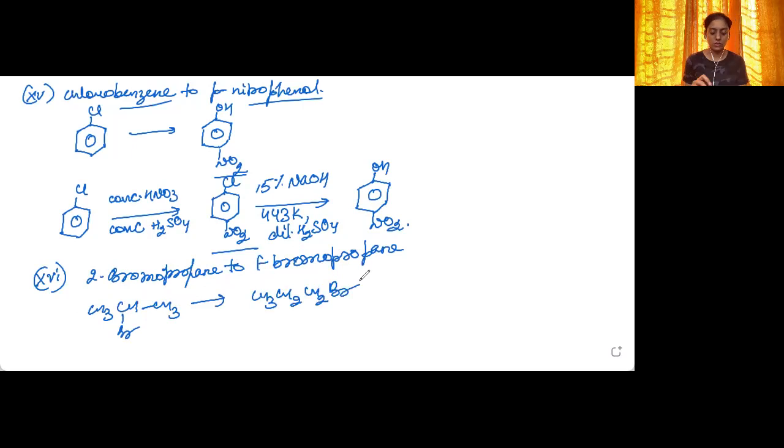We need to do this conversion. So first of all, you will remove this bromine from this position and form the alkene molecule. Afterwards, you will convert it again into the 1-bromopropane. Okay, so I'm just clearing my screen and I will write the solution.